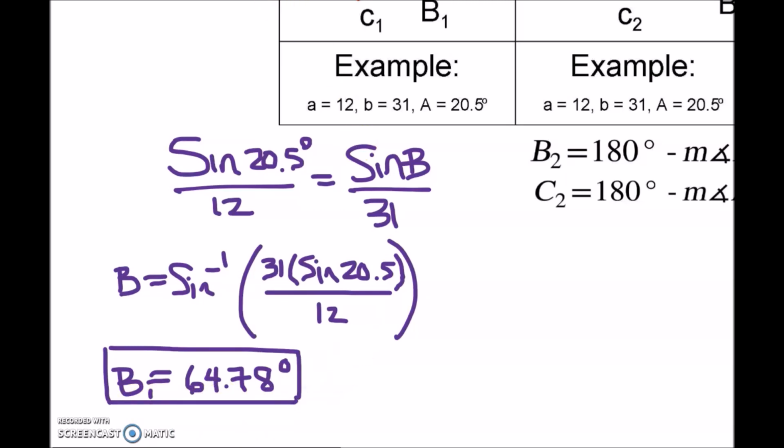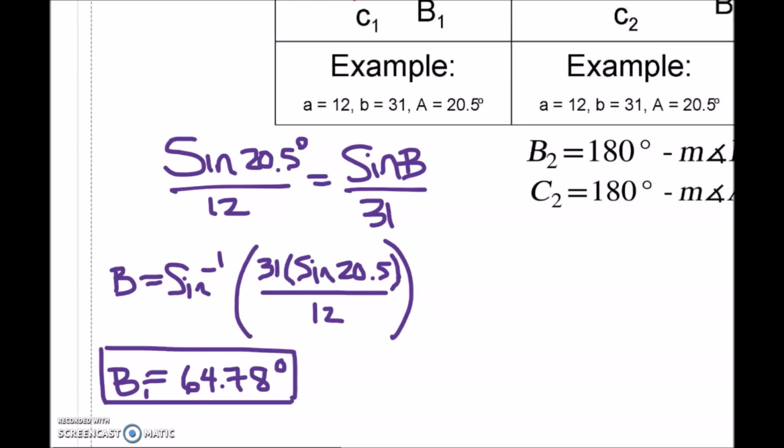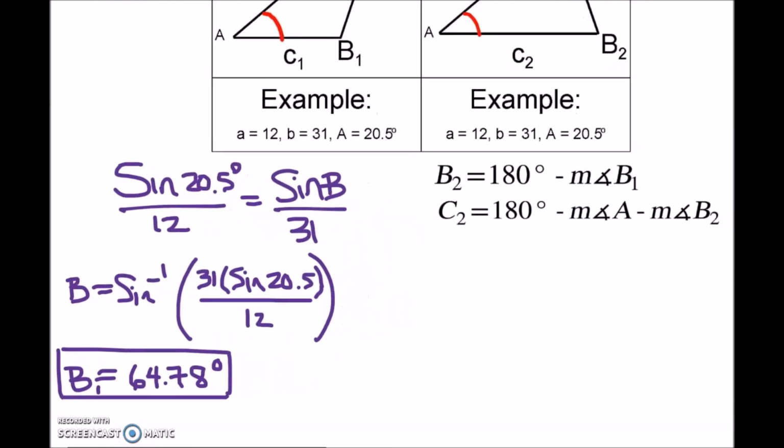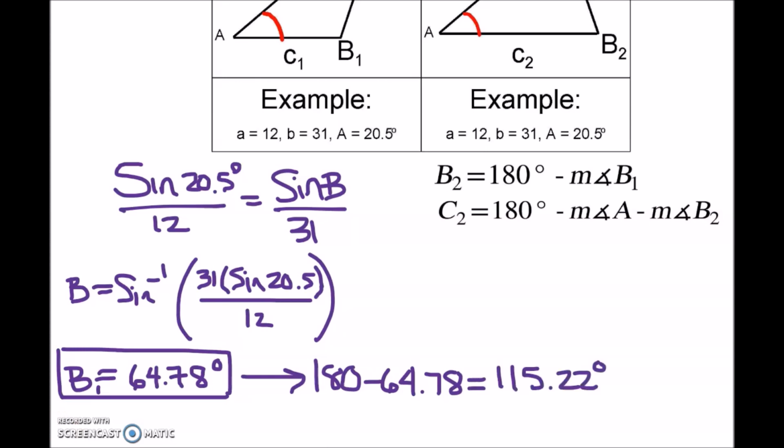Well, as we just saw, it's possible that we could get a different value for B. So we also need to check 180 degrees minus that value. So when I do that, I say, okay, I could get a second B that's 180 degrees minus 64.78, which gives me 115.22 degrees.